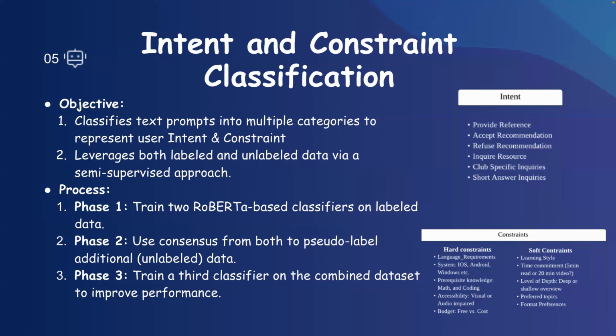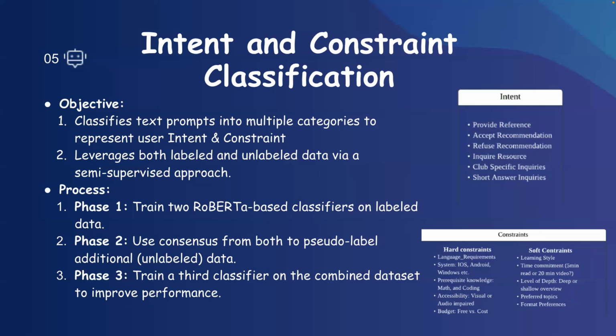And here's the process. Before everything, we first separate our data into labeled and unlabeled. Phase 1 is that we train 2 independent RoBERTa-based classifiers on our labeled data. Then phase 2, we use both trained classifiers to pseudo-label a large amount of unlabeled data. And we only select samples where both models actually agree with each other so that we can increase the confidence level of the pseudo-labels.